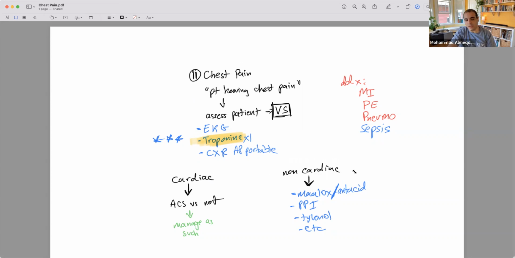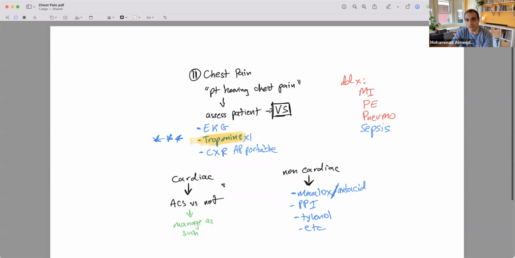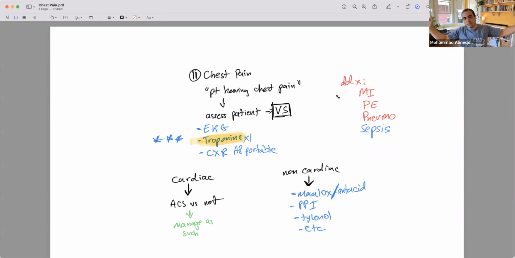The most common non-cardiac chest pain is GI, esophageal pain, reflux or spasms or food impaction, whatever. But it's more important to rule out that there's something cardiac going on. So your differential diagnosis should be wide for chest pain.